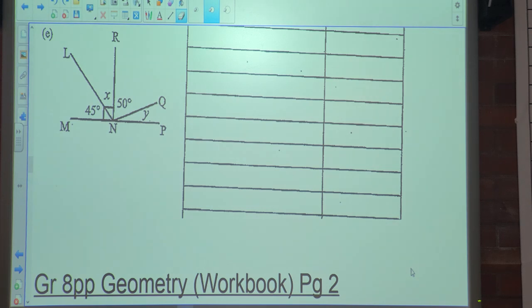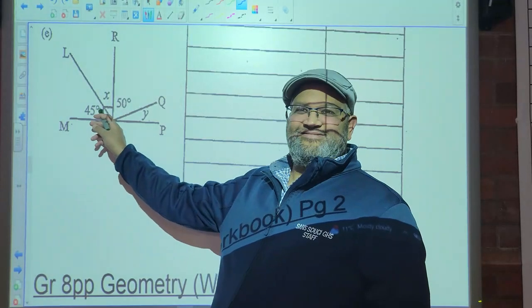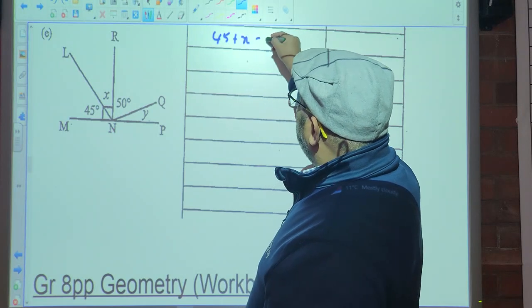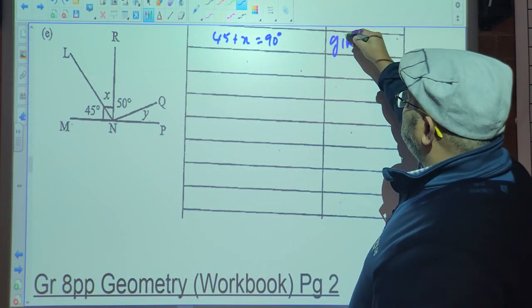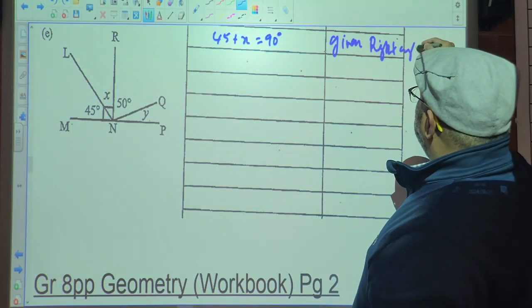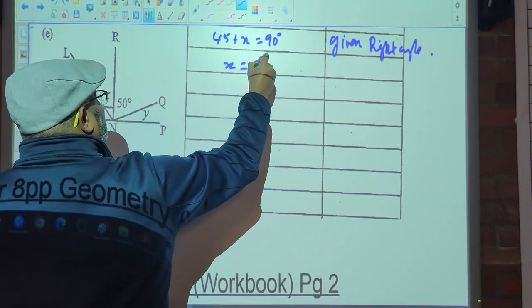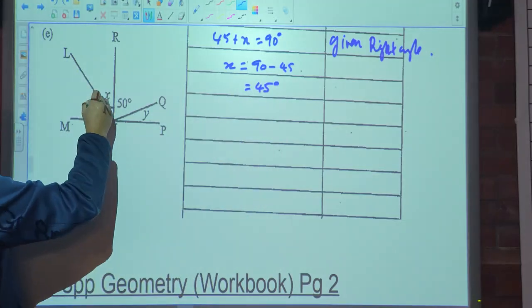Now what can I say? x plus 45. There we go. Can you see? 45 degrees plus x is equal to 90. Why? Given the right angle. Alright. So x is 90 minus 45, which is 45 degrees.